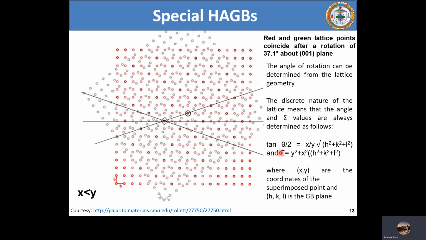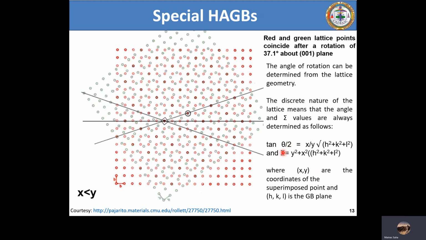Then from there, it is directly possible to obtain the theta value, or the misorientation angle value, for a particular sigma boundary. If you put all these values into this equation, there is a theta value of 37.1 by 2, and x upon y into the square root of this, which ultimately leads to 1.